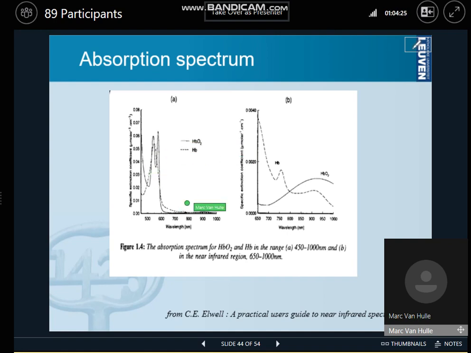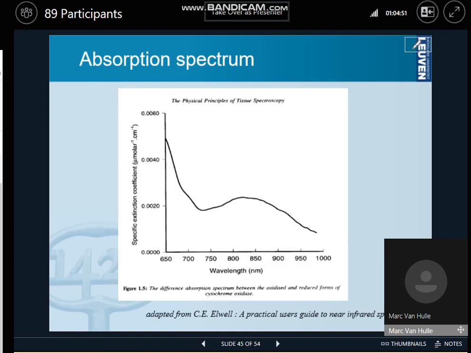There is some difference in the spectral response, and if you zoom into the near-infrared region between 650 and 1000 nanometer, you see some clear difference between the two cases, the two states of the blood. And of course, the oxygenated level here is of interest because that's referring to more activity of that brain area. And this is then on slide 45, the difference signal here, and that's what you can try to work on.